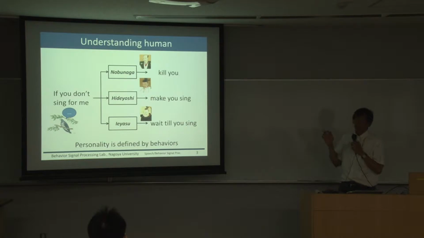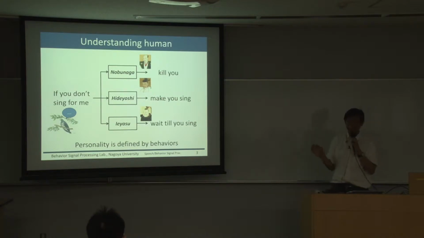So I can translate that poem into a system block diagram. That is this. Three boxes represent the human characteristics or personality of these three individuals, right? And they share the input, okay? Because I represent those people as a system which takes a signal as input and outputs a signal.